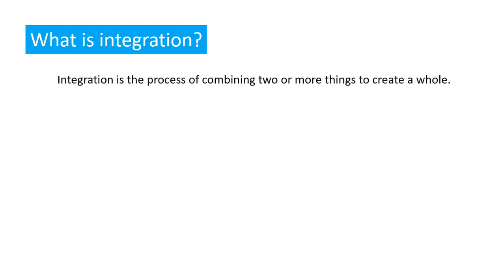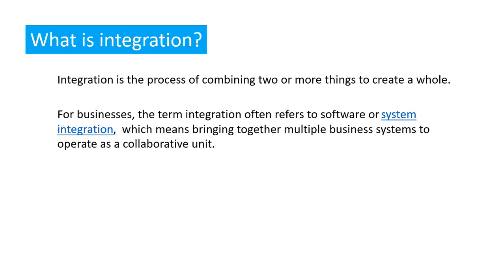Integration is the process of combining two or more things to create a whole. For businesses, the term integration often refers to software or system integration, which means bringing together multiple business systems to operate as a collaborative unit.